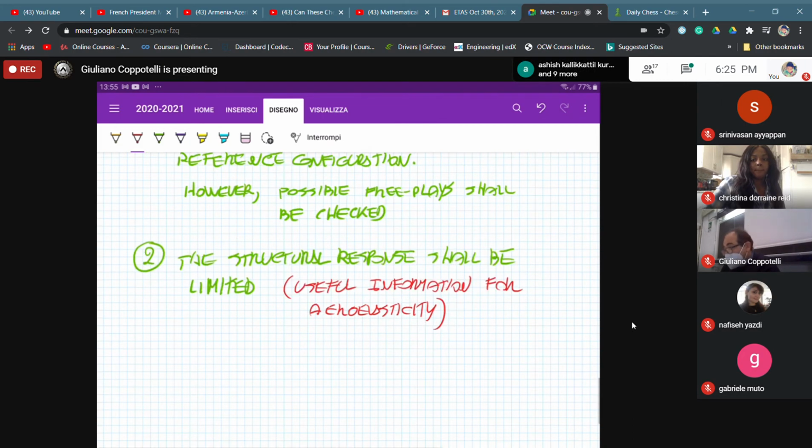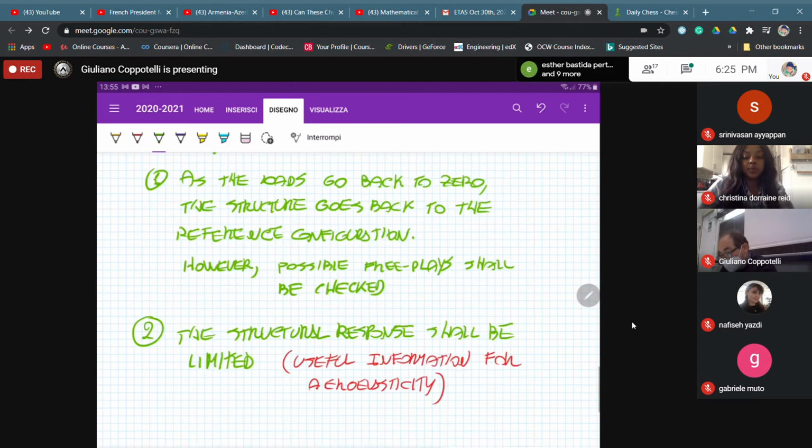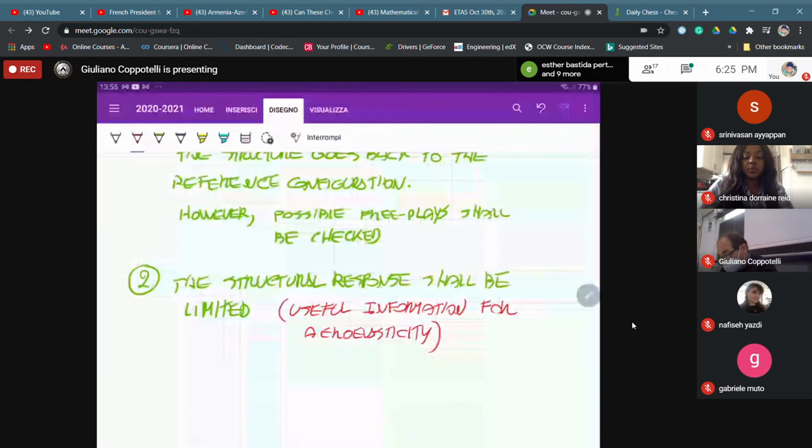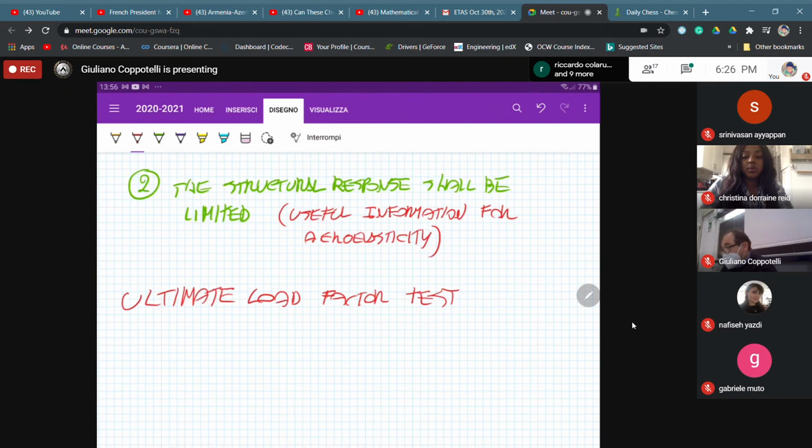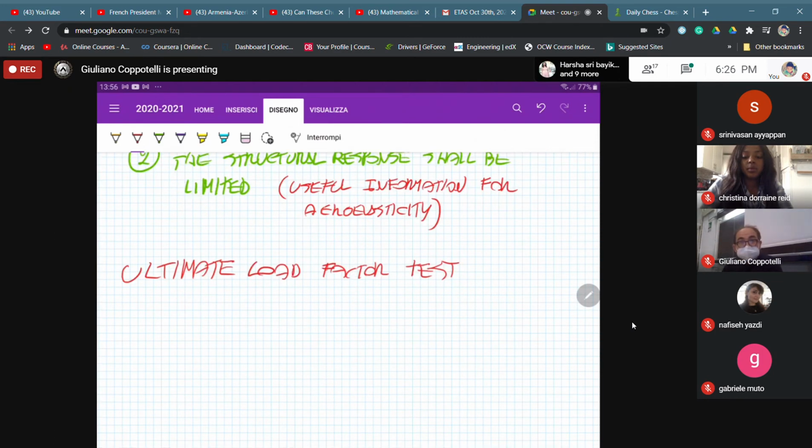Okay, now let's move to the ultimate load factor test. We increase the loads from the limit load factor test by a certain coefficient in order to be sure, more than 100%, that everything is fine, also when we are operating in a flight condition that is not the nominal one.